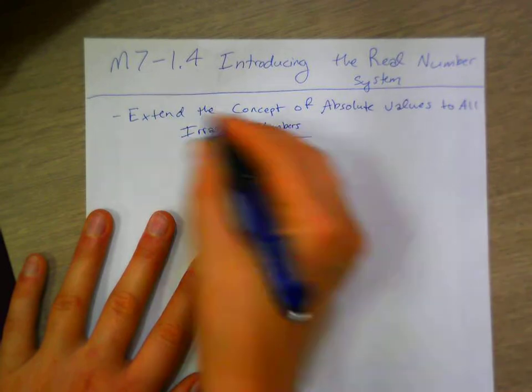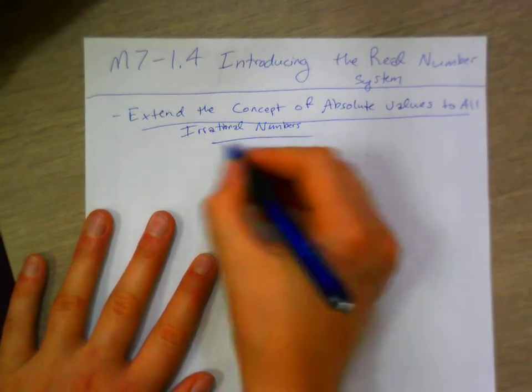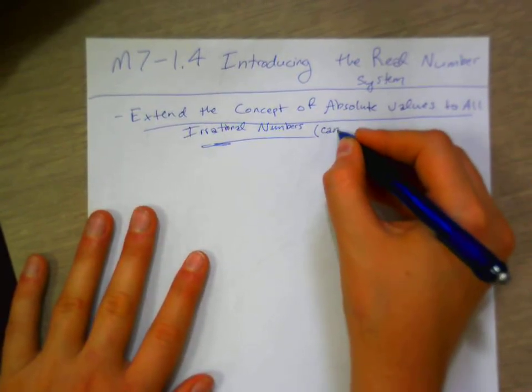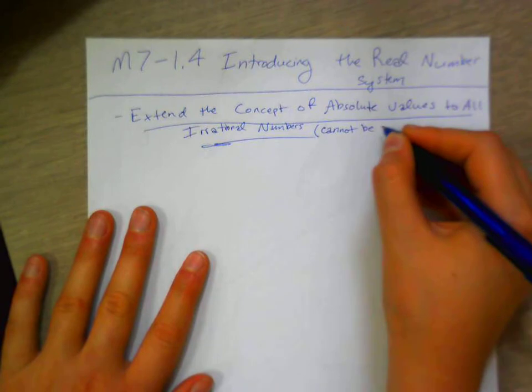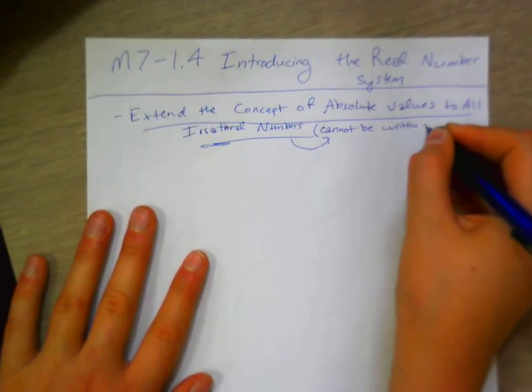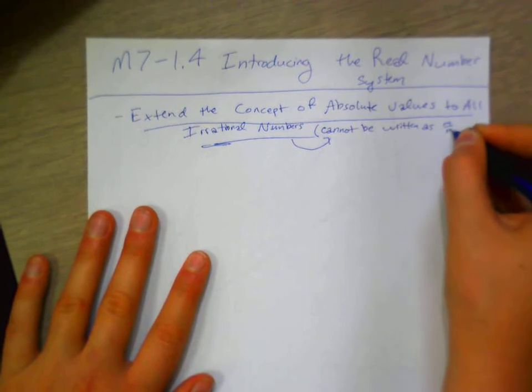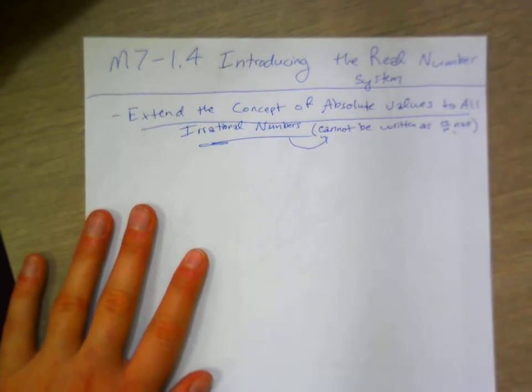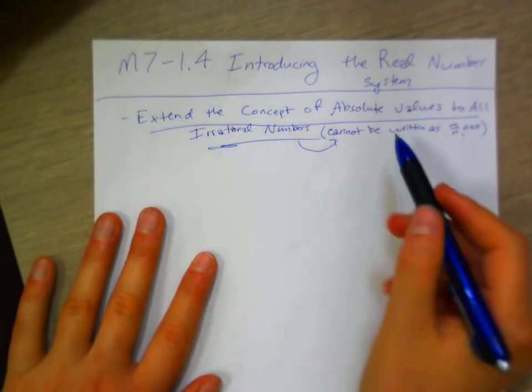If you can remember, irrational numbers means that it cannot be written as m over n, where n does not equal 0. That's an irrational number. So let's extend the concept of absolute values to irrational numbers.